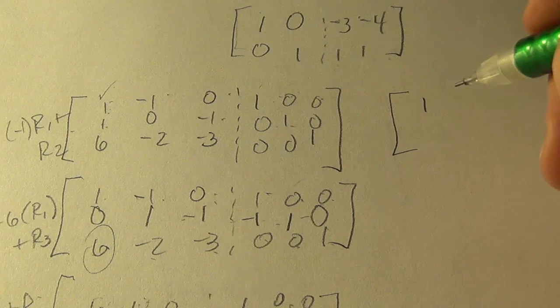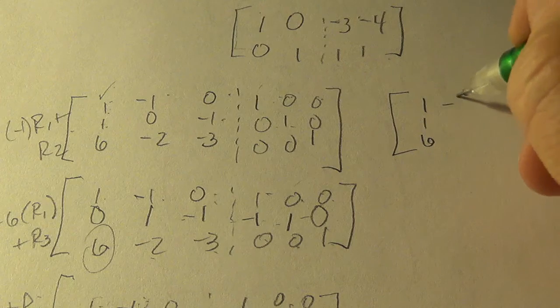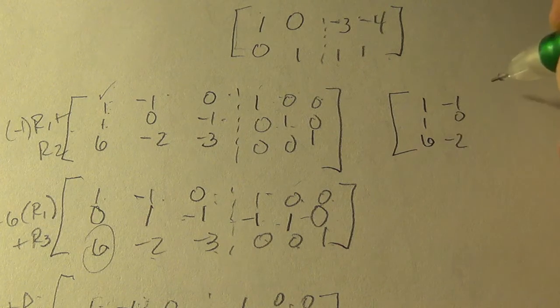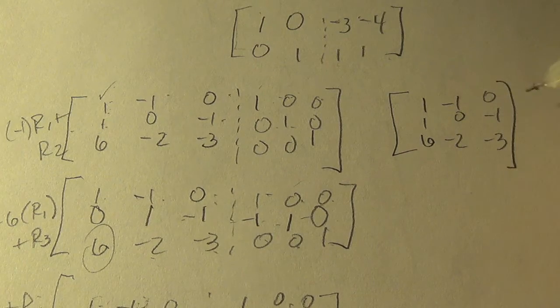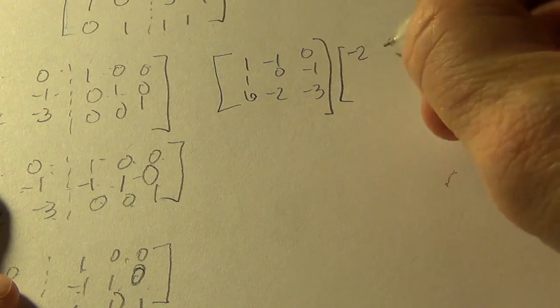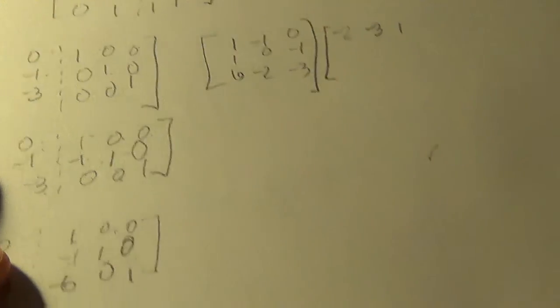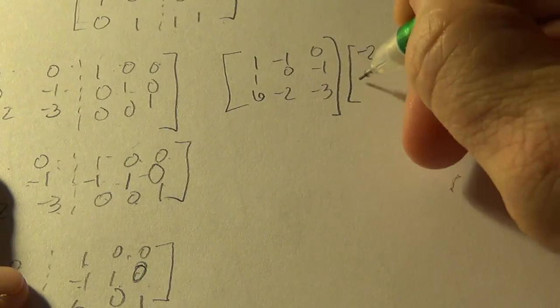Alright, so the original problem was 1, was that the original? 116, yeah. -1, 0, -2, 0, -1, -3. My claim is the inverse is -2, -3, 1. And -3, -3, 1.